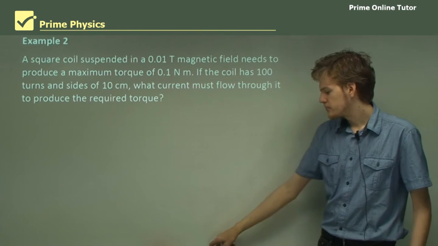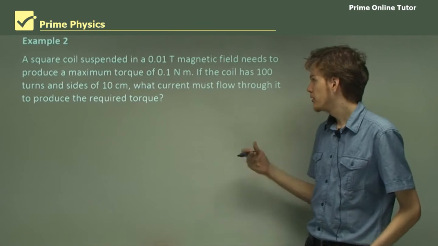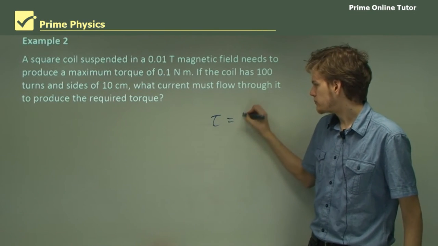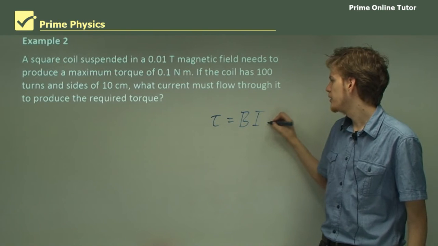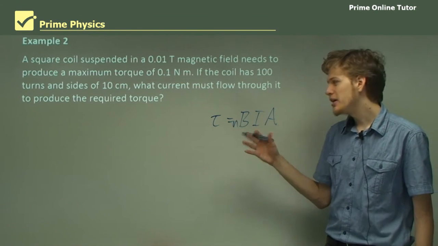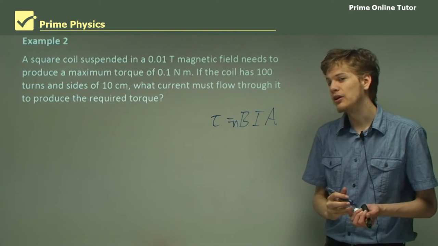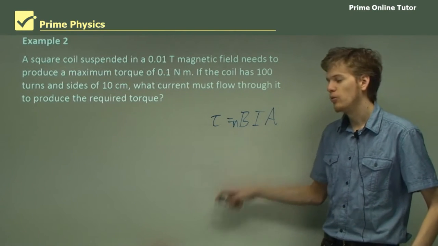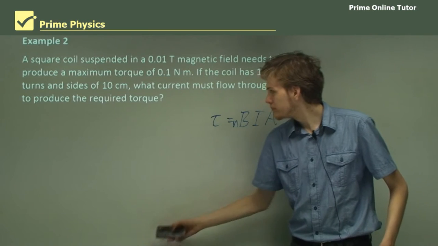So in this case, we can once again use torque equals NBIA, except we need to make I the subject of the equation instead of tau, torque, right?